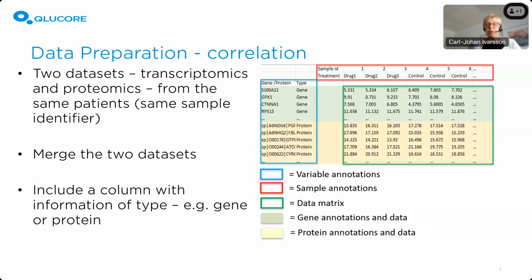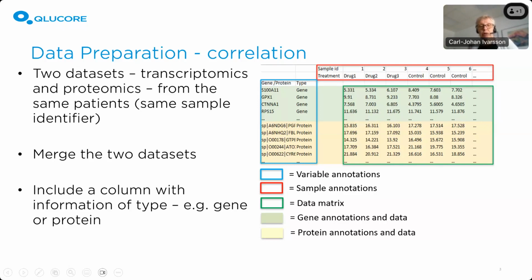Is it a gene or a protein? So here is an example of that. Here we have all the genes, and then we just added the protein data here, where the corresponding results for that sample come in the right column.